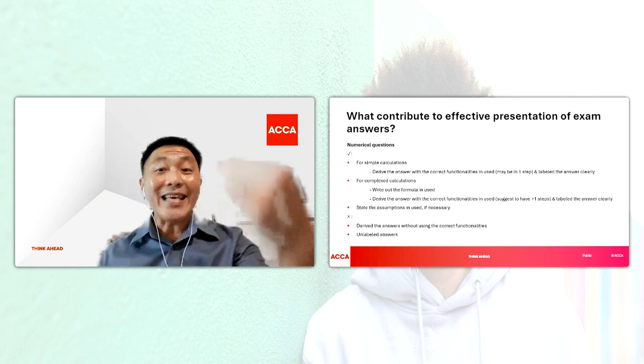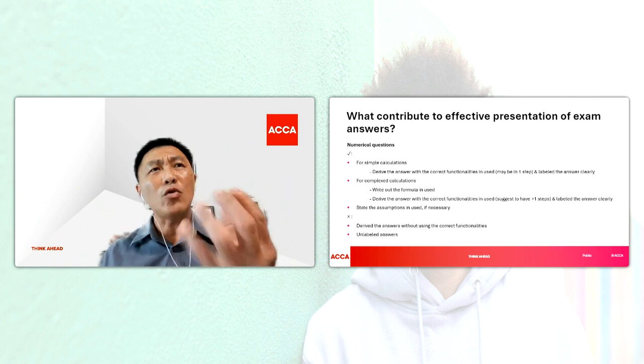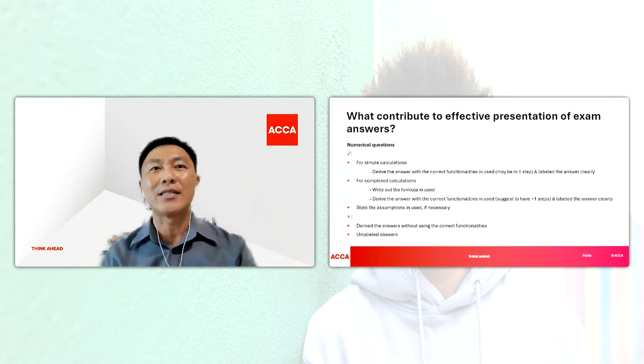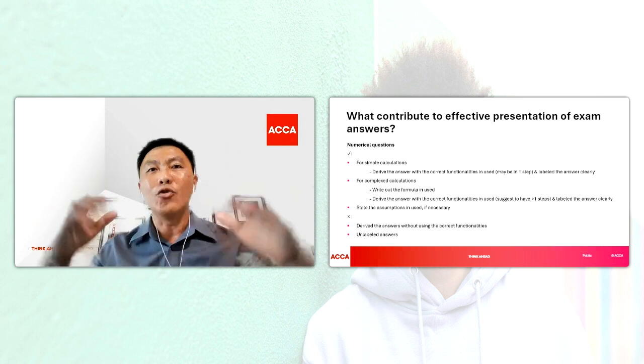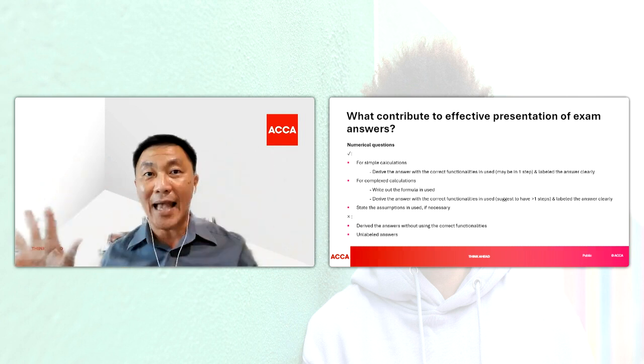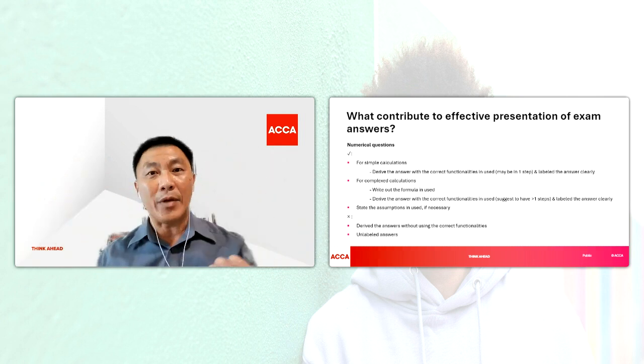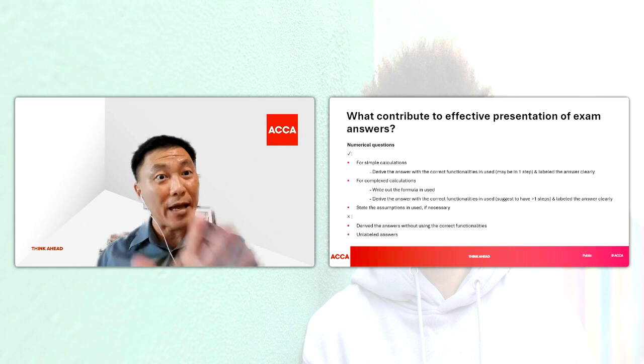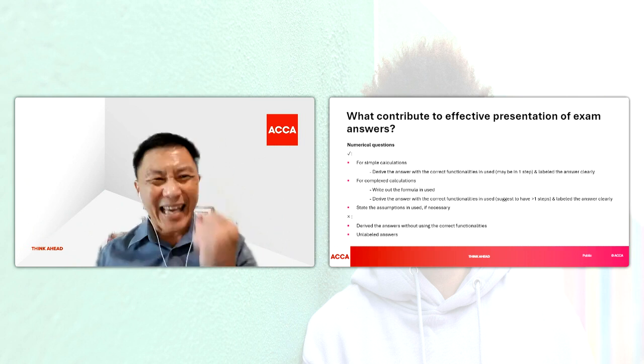So these are all good habits, allowing you to scoop up some of the marks that you deserve while you minimize the marks that you are losing out. These are the good habits that allow you to secure as many marks as you should have obtained and earned.